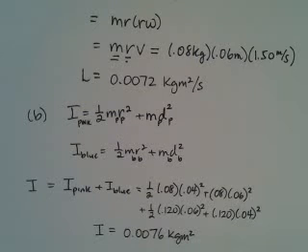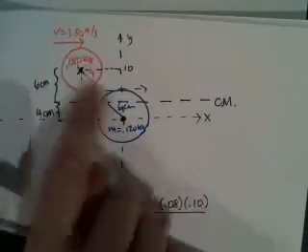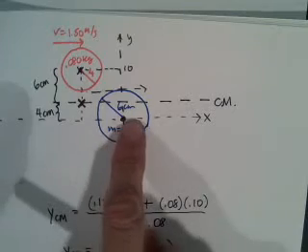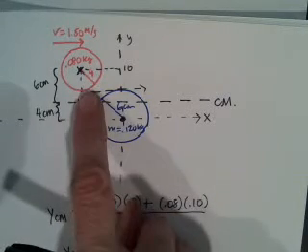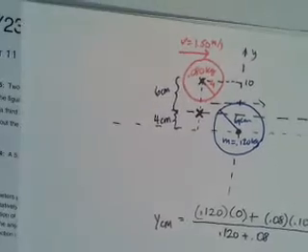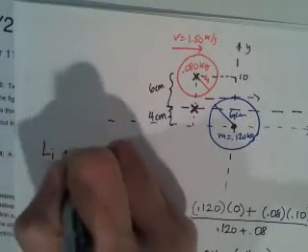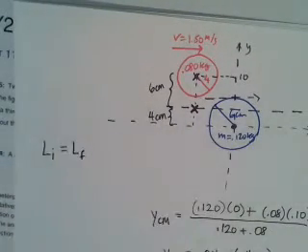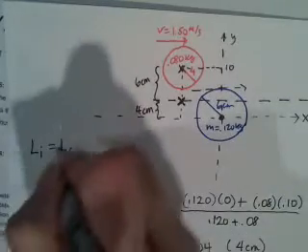So in the presence of no net torque, so there is no net torque here, the torque that this pink guy causes on the blue guy is equal but opposite to what the blue guy causes on the pink guy. So no net torque, angular momentum is conserved. So I'll do that part over here. If angular momentum is conserved, then the initial momentum has to equal the final momentum.